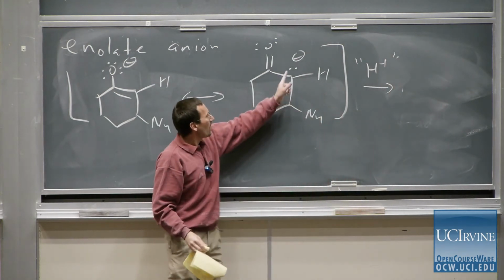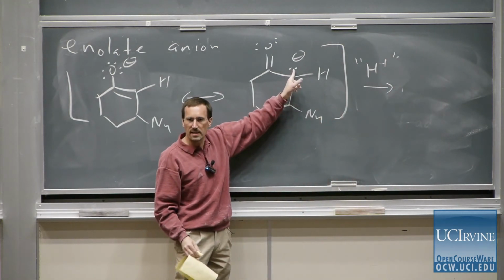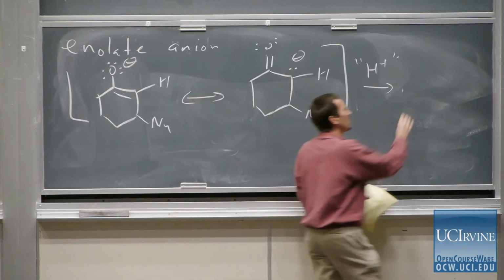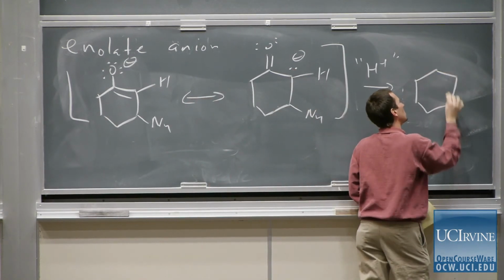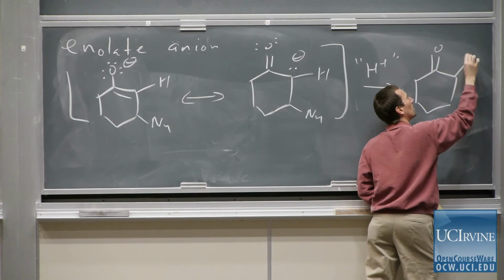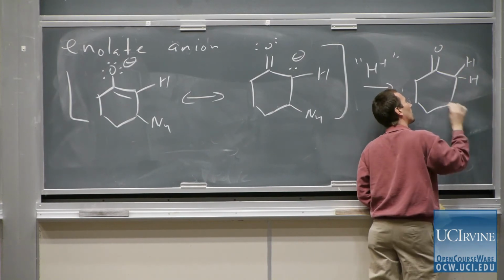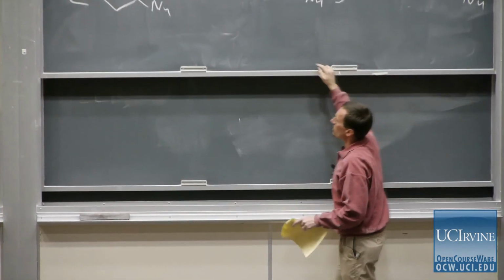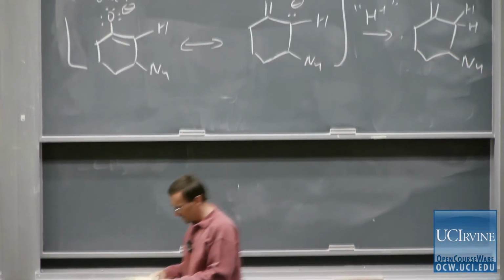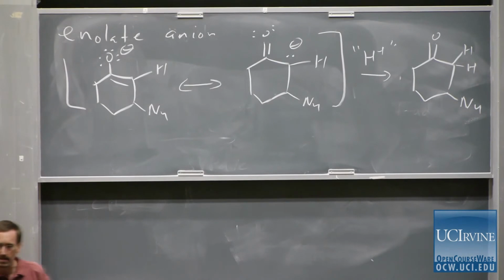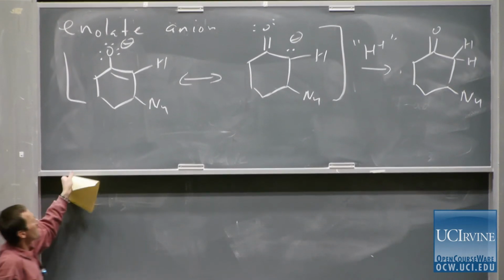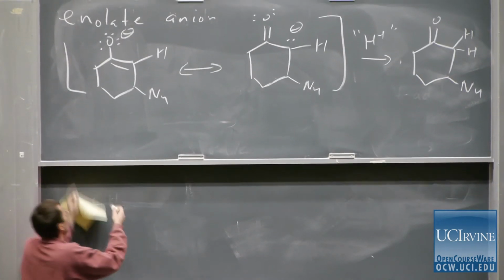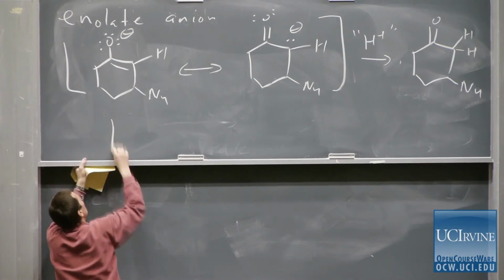You can think about the proton going on to the alpha carbon to give rise to your ketone product. And in terms of Occam's razor, in terms of the greatest simplicity, that's probably the way I like to think about it. Your textbook writes the mechanism slightly differently, and that's okay too.